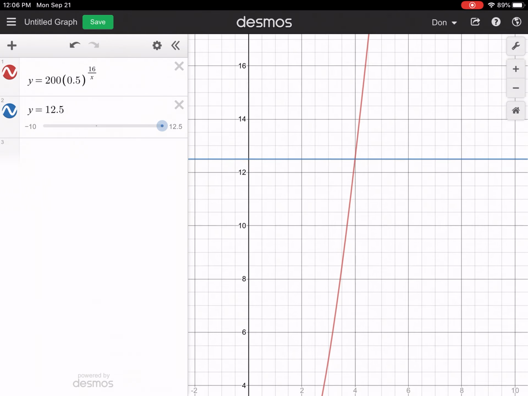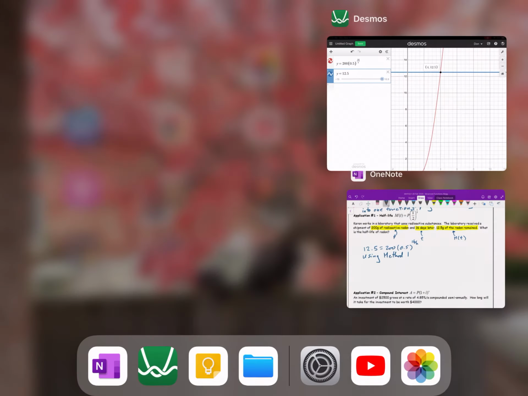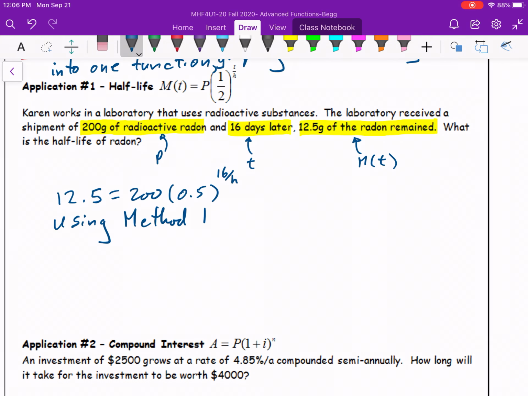You can see at 12.5, we've got that horizontal line, and we just want to find the point of intersection. That's 4. That means that our answer is 4. So using method 1, h equals 4. For what? For days, because t was in days, so h also has to be in days.